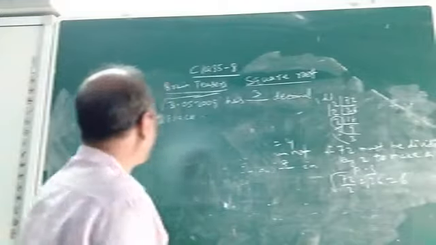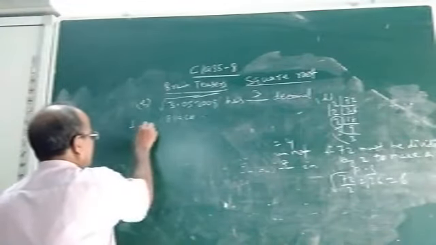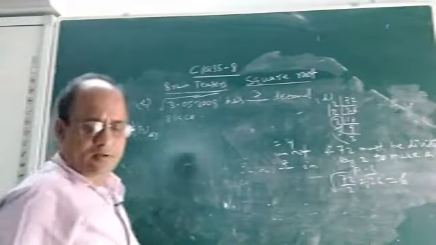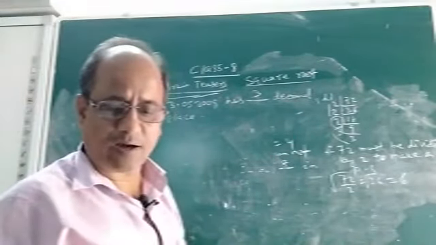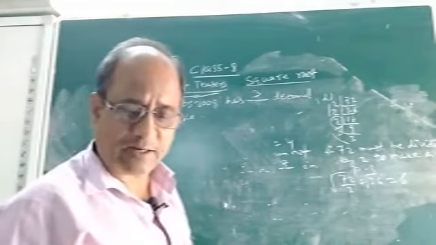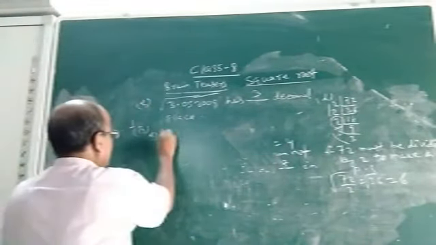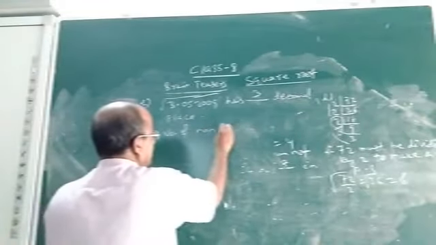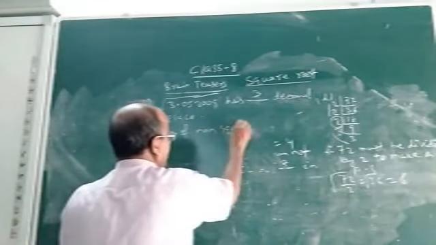Now number 1B. What is the first question? The first question is: how many non-square numbers are there between 13 square and 14 square? Number of non-square numbers.